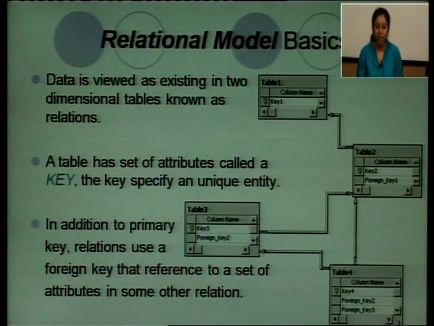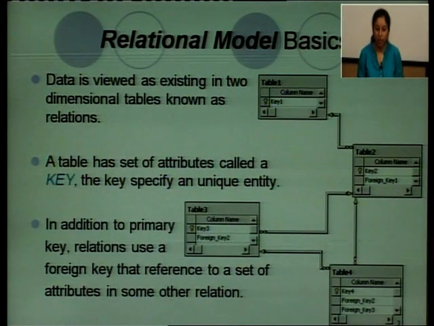The next topic is the relational database model basics. Data is viewed as existing in two-dimensional tables, known as relations. Here I show you the first table, second table, third table and fourth table. Second, a table has a set of attributes called a key. The key specifies a unique entity.